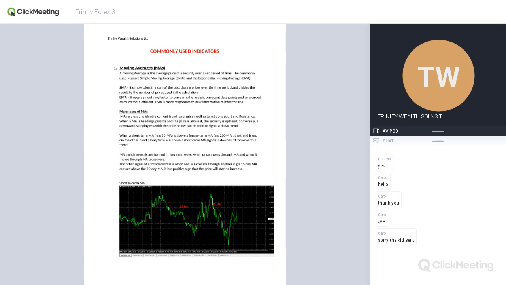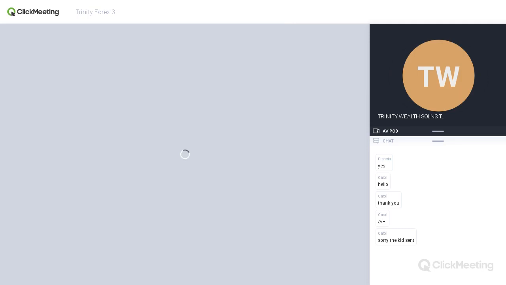So MA trend reversals are formed in two main ways: when price moves through an MA and when MA crosses. The other signal of a trend reversal is when one MA crosses through another, like the 15-day moving average. I'm just going to demonstrate it to you in the platform. Short term 50 MA, and then you have the second one, 200 MA.